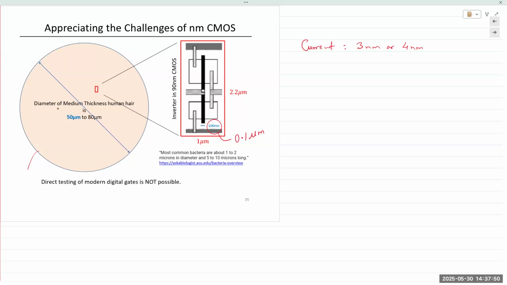But most academic clean rooms and research is still in the micron scale, because even though the technology is several decades old, that is still the gold standard. The principles are still the same. Those aren't going to change.